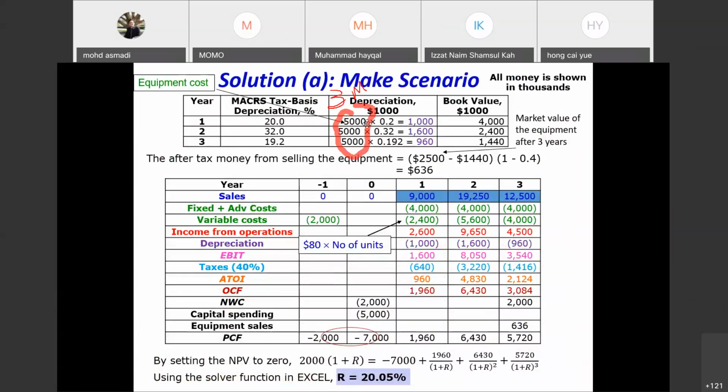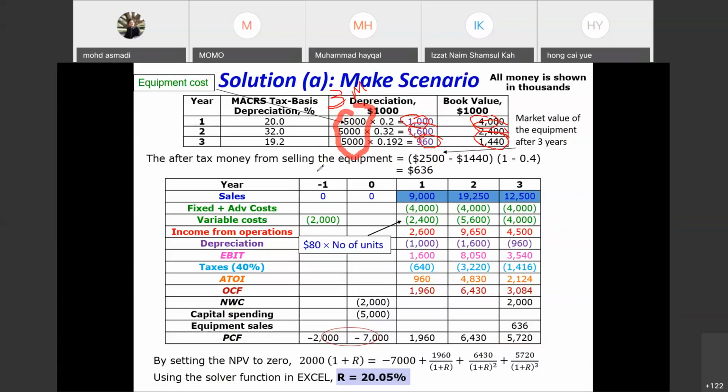But now it is increased to 5 million. Similarly, based on the 5 years MACRS, times 0.2 is equal to 1,000, and just calculate. 4,000, 2,400, 1,440. And then after tax money from selling.